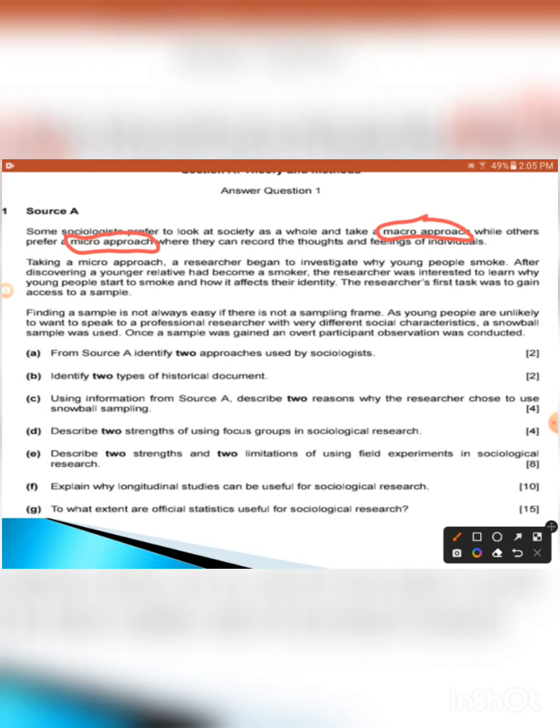If you are studying it through a research perspective, the macro approach is usually followed by positivists because they see society as a whole, okay, and they see society as general. The factors affecting society are general, okay, and the results that are obtained can be easily generalized.